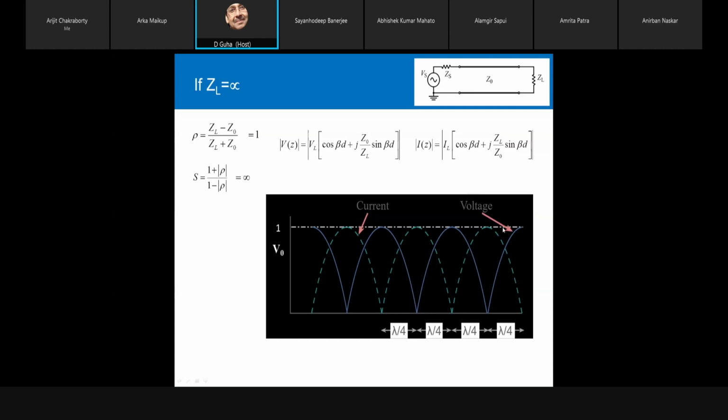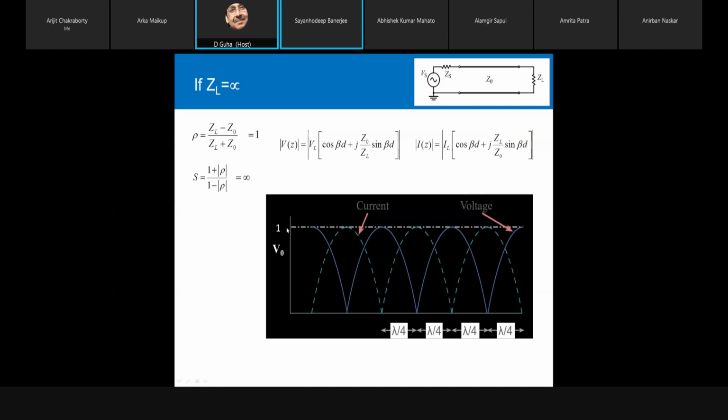And then as you proceed backward towards the source end, you will see its pattern is like this. And again its value is 0 to 1. So it may be shorted, it may be open. Your voltage and current relation will just reverse, but the pattern looks similar. Do you have any question?